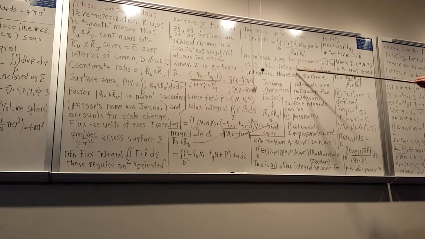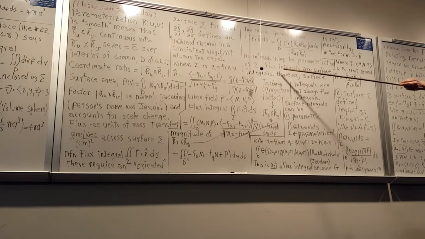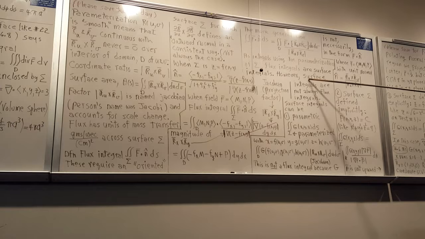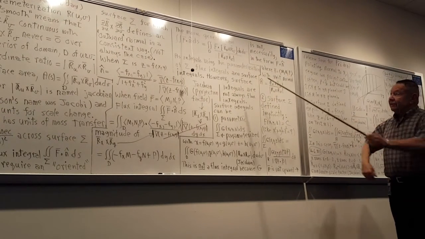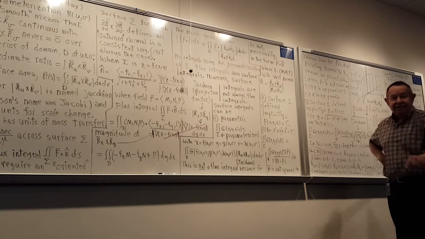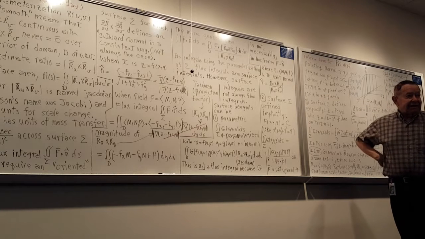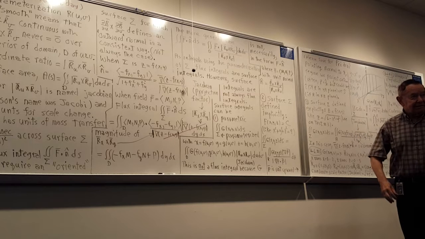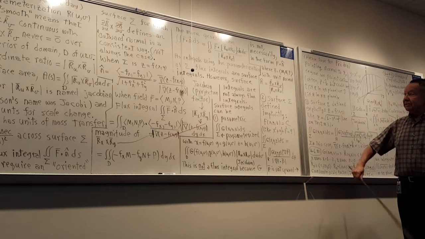So as integrals using the parameterization of the surface, the flux integrals are surface integrals, but surface integrals are not necessarily flux integrals, because the flux integral is this special kind where you have the dot product of a field and the unit outward normal as your function that you're integrating over the surface.